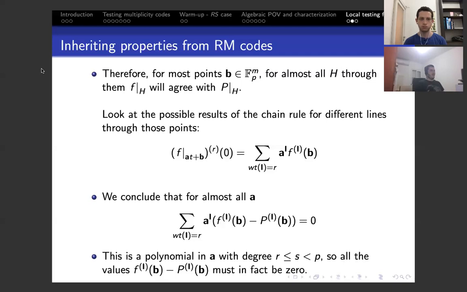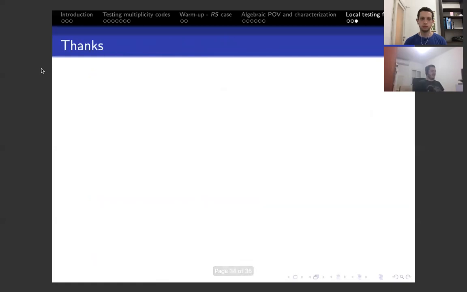And so in general, because we are given a promise that f is either far from the code or exactly in the code, we know that f must be exactly in the code. And that's it, thank you.